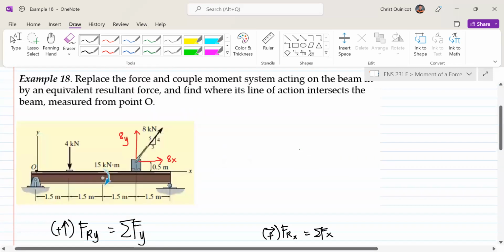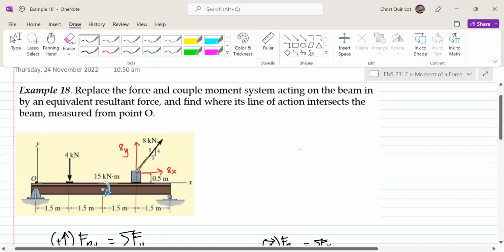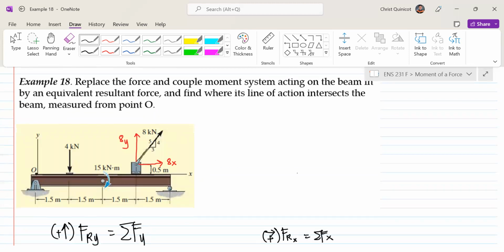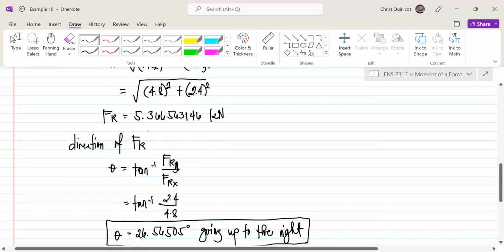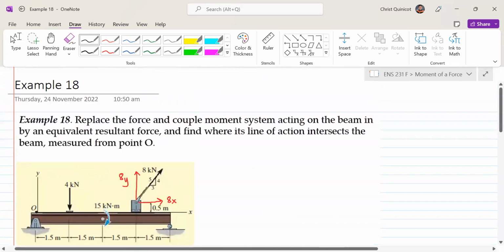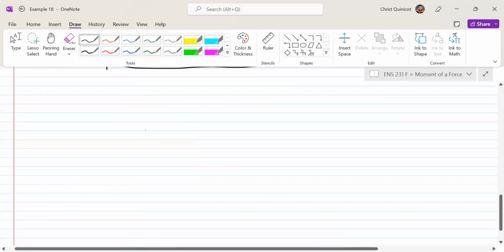Of course, we already calculated the magnitude of our resultant force. However, we are also tasked to find where its line of action intersects the beam measured from point O. Our beam has a total length of 1.5 times 4, that is 6 meters. So let us redraw our beam, which has a pin and a roller.